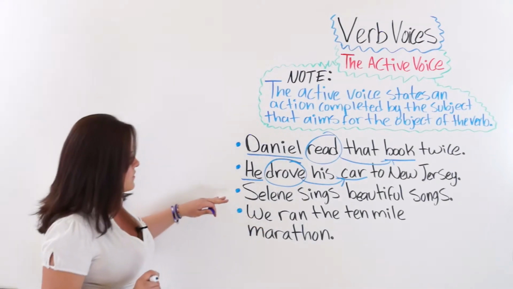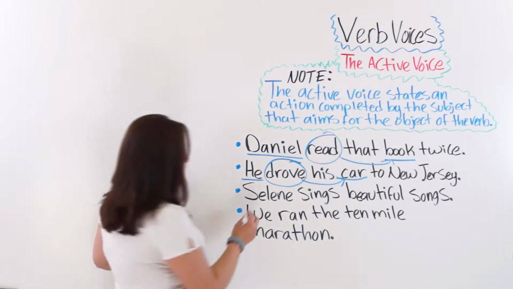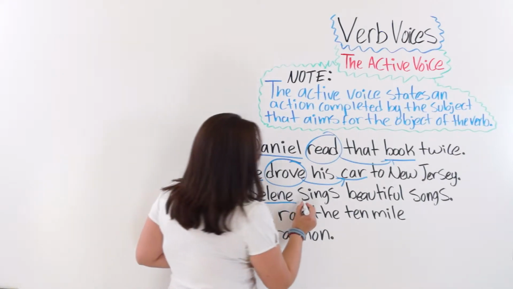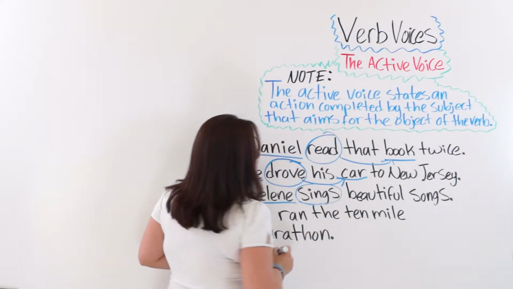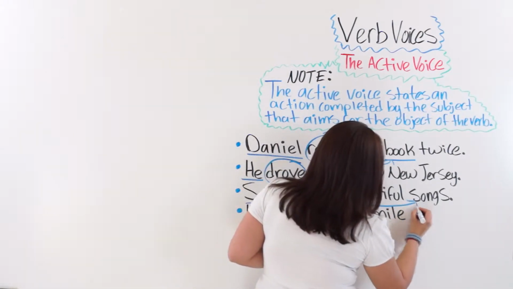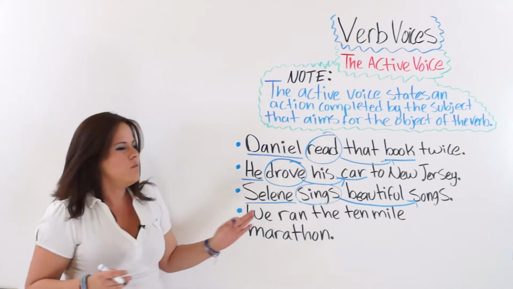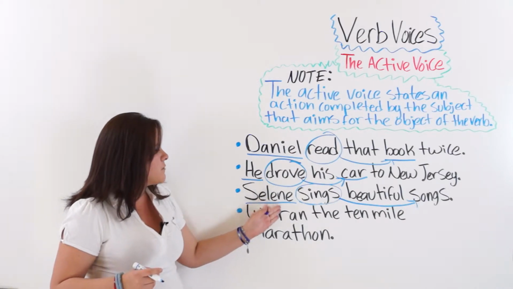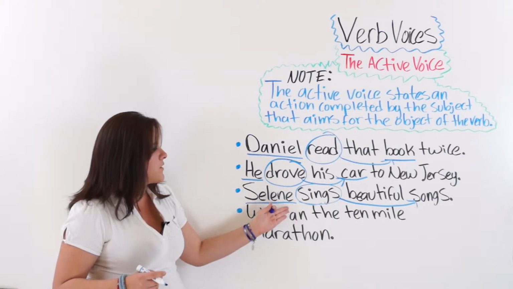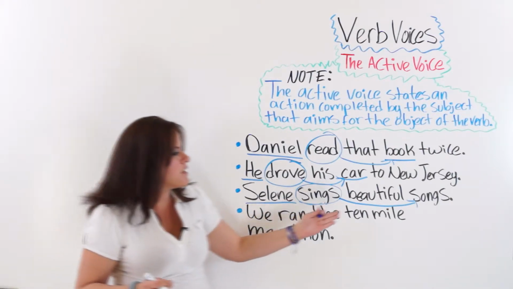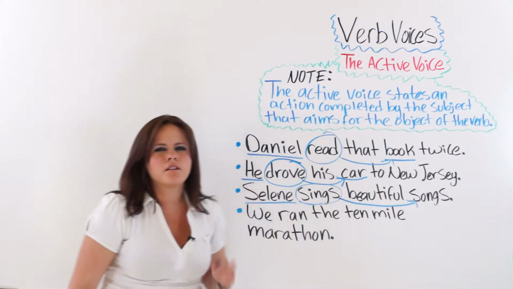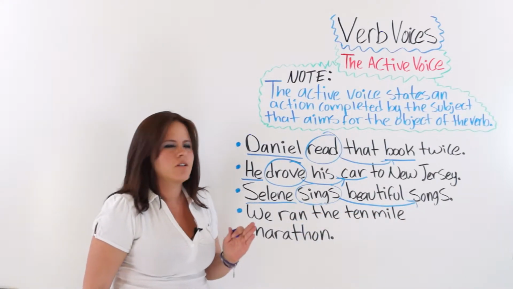The next one says, Celine, we have our subject here, sings, we have our verb here, beautiful songs, we have our object here. So, as you can see, the subject's action is aiming towards the object of the verb, right?